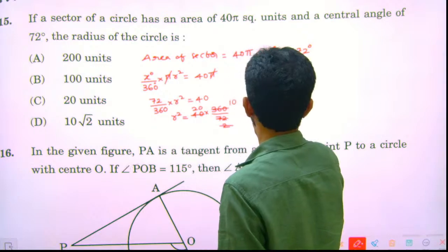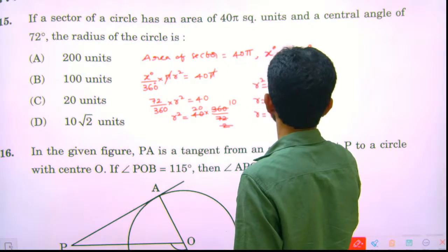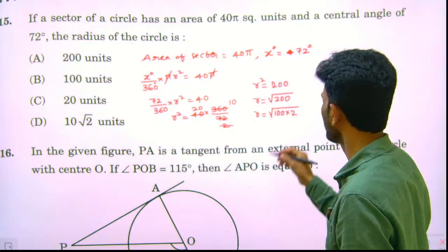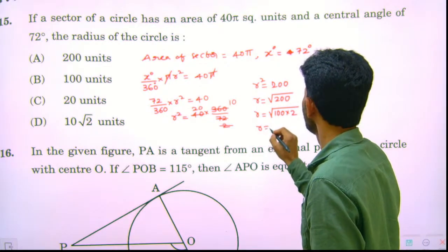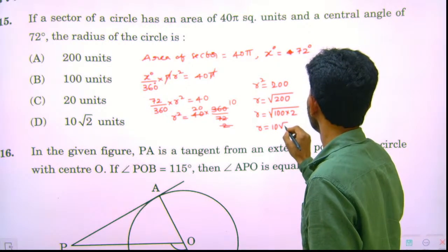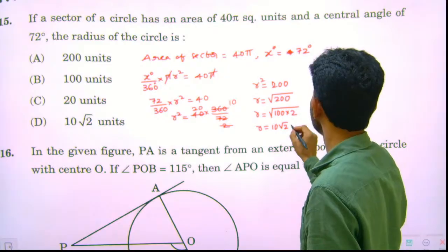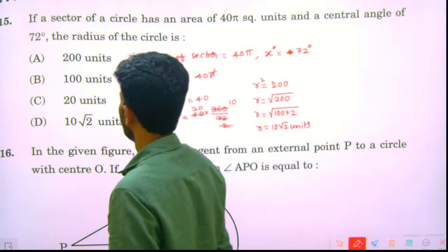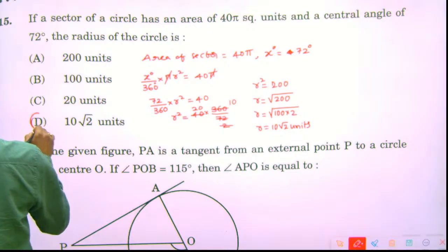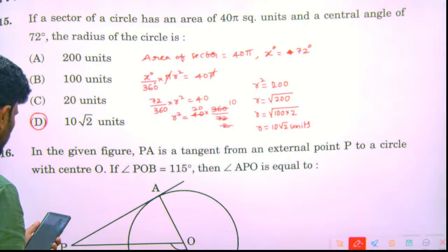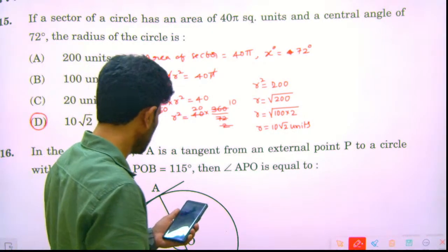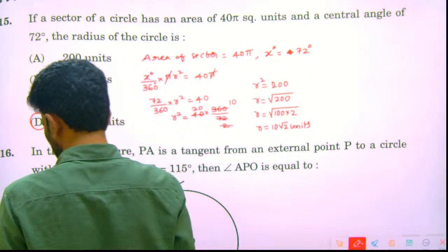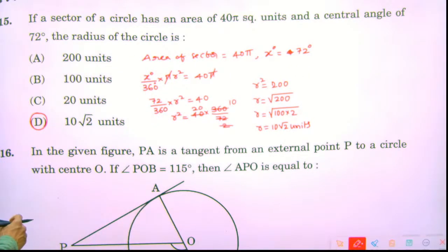No. So r can also be written as root of 100 into 2. Now root 100 is what? 10. So it is 10 root 2 units. So option D is correct. Question number 15, option D is correct.